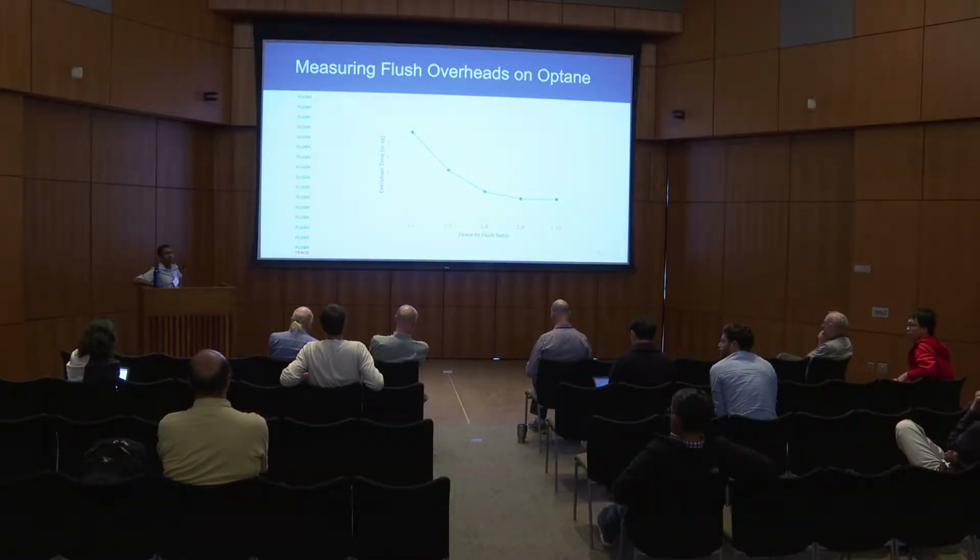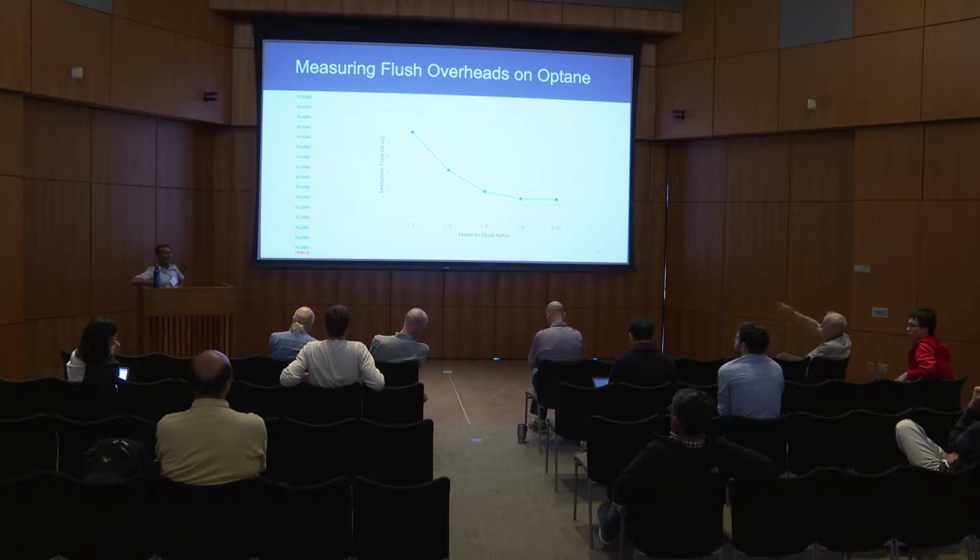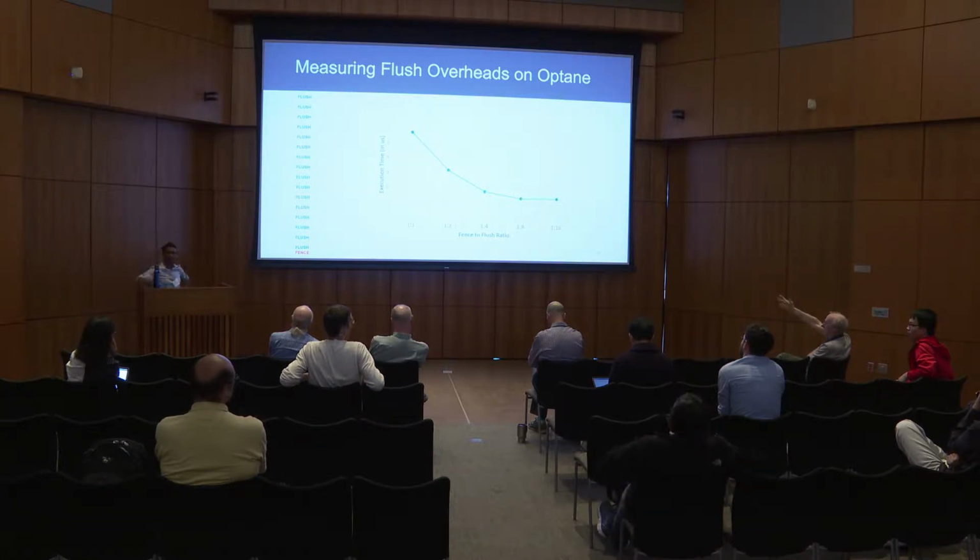Did you try the same thing with multiple stores? I think so. Yeah, we saw similar results even for that. Even the non-temporal stores queue up at the memory controller. They just skip the cache coherence part of it. So it's really the fence that is taking all the time, not the flush? With the flushes, it takes 1 microsecond, and you do the same number of flushes and the same number of fences, and then it takes 6 microseconds.